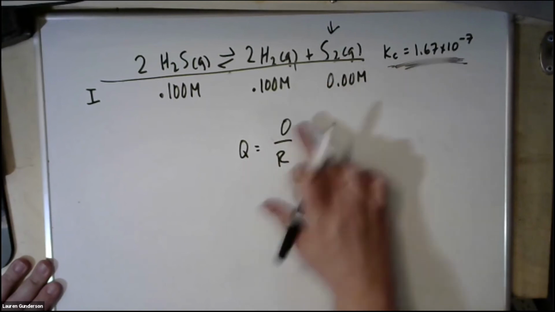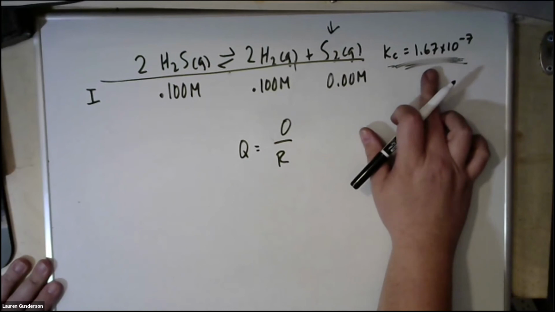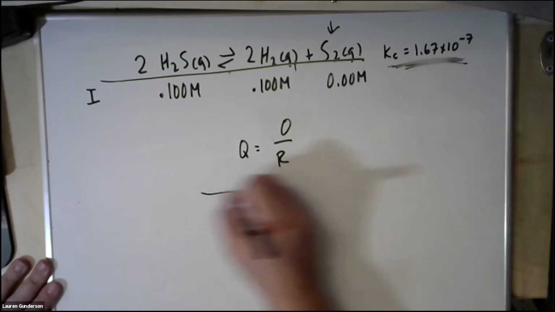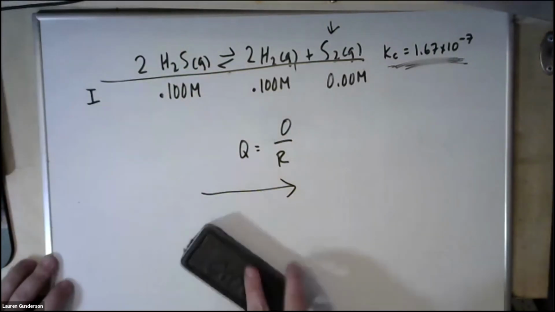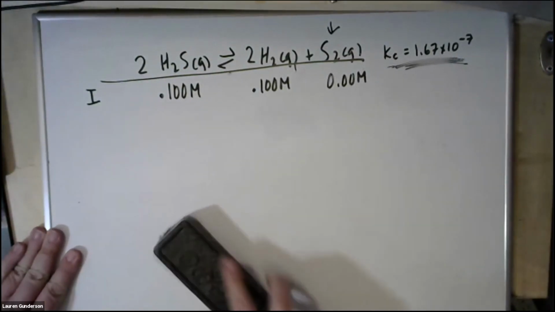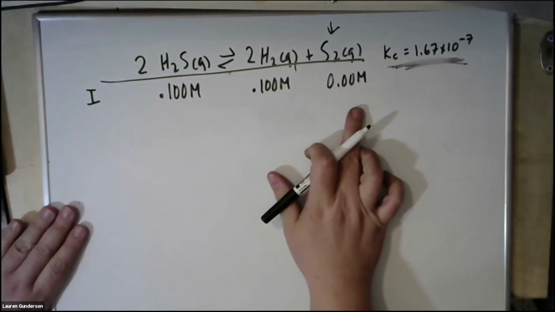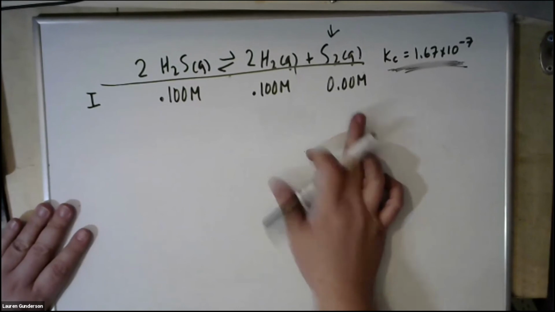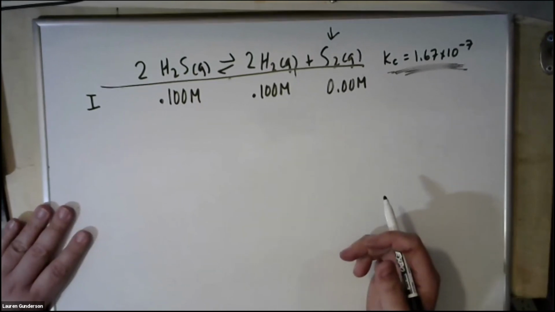So that means that our Q value is going to equal 0. 0 is less than K. That means that our reaction is going to be going in this direction. If you find it difficult to reason out the direction of the reaction, don't reason it out. Use K, and it will tell you which direction the reaction's going.